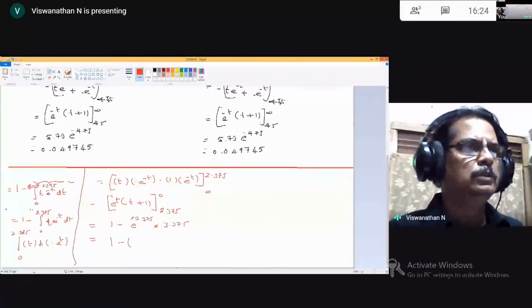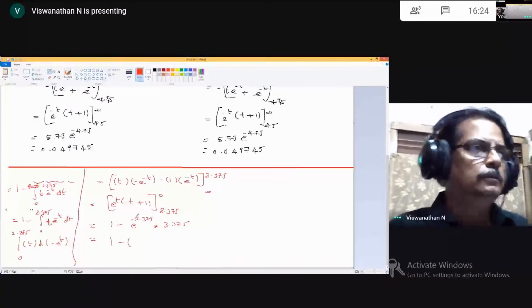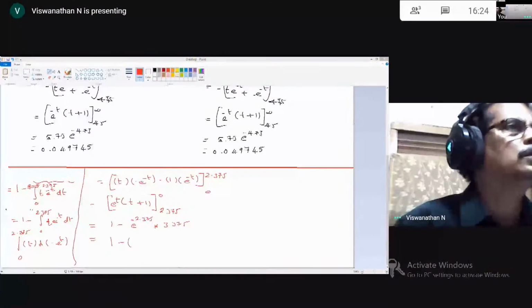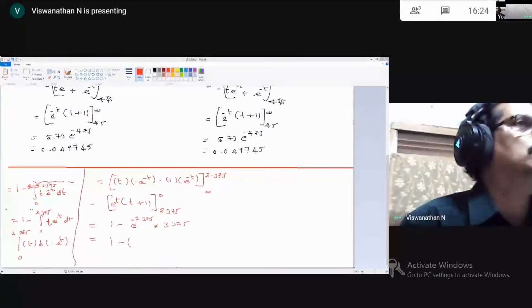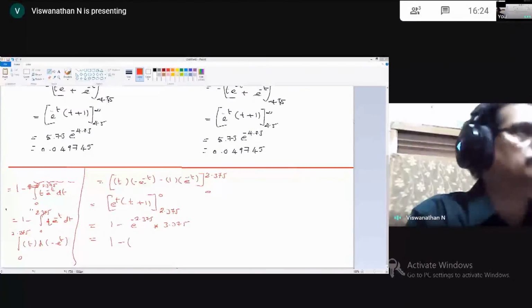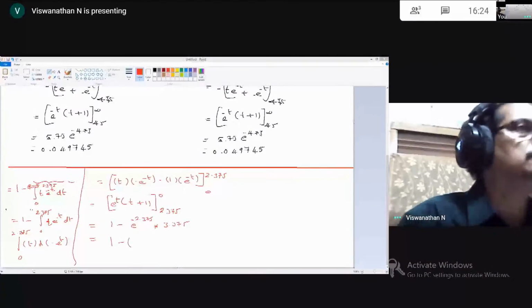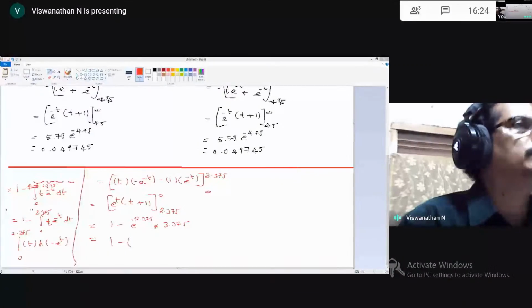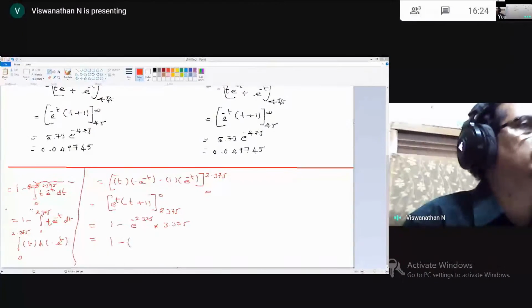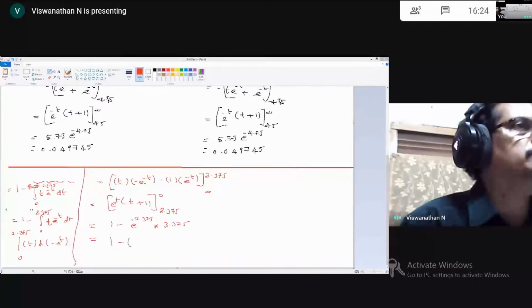Here we left out the minus sign, because e power is always positive.